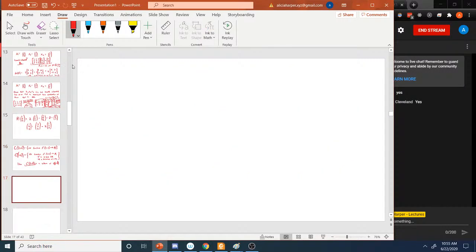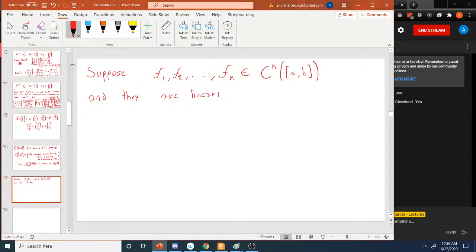So suppose f1, f2, through fn are all elements of Cn AB, and they are linearly dependent.